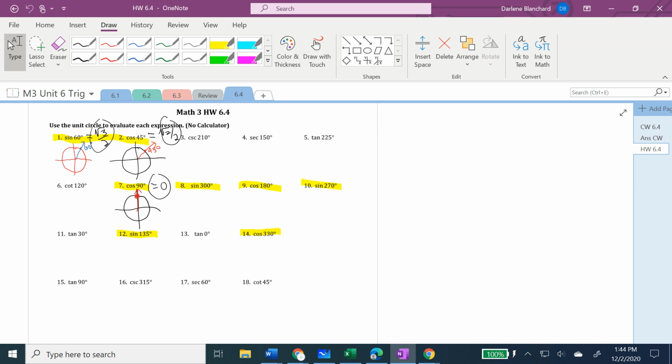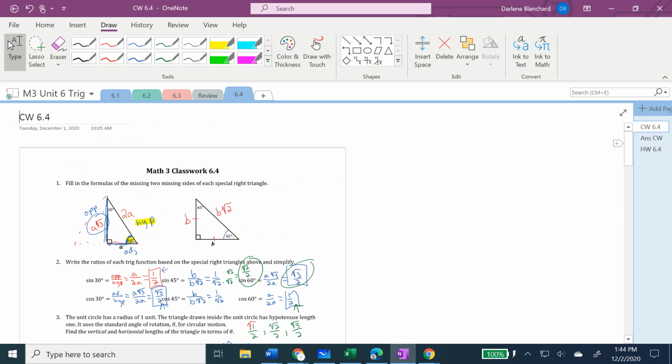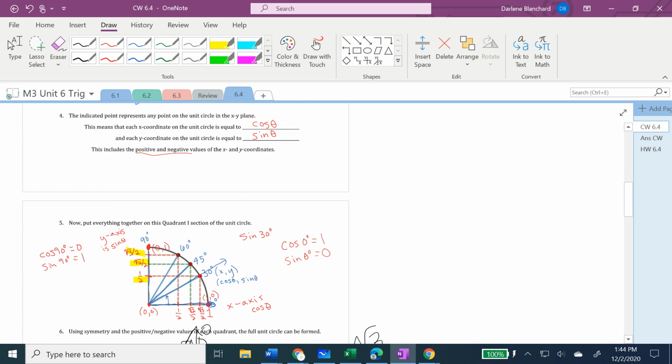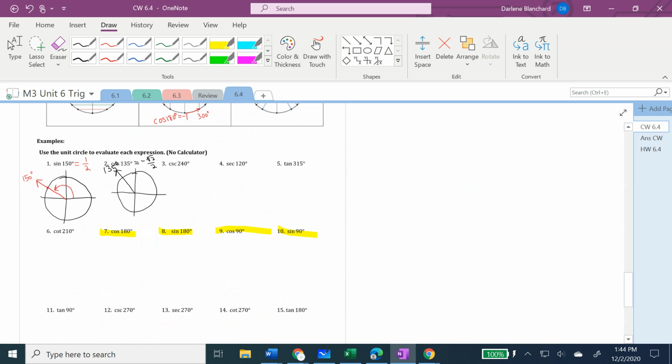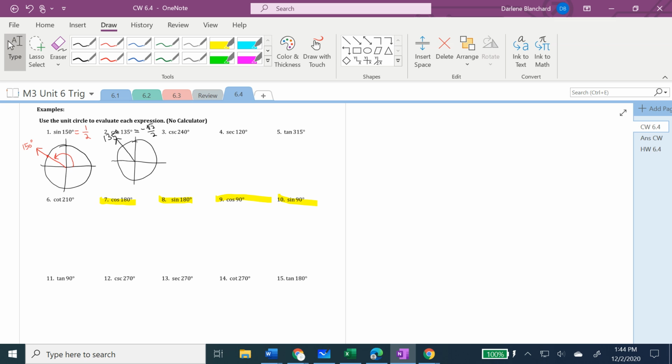For the homework, you do not have the answers accessible yet. And with the classwork, just to emphasize, we did these two, and these are the only other four.